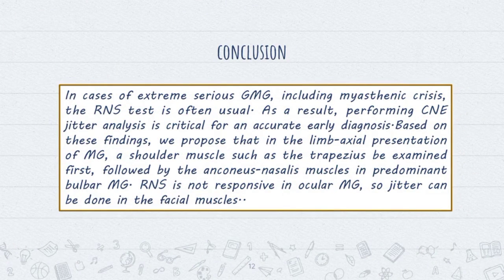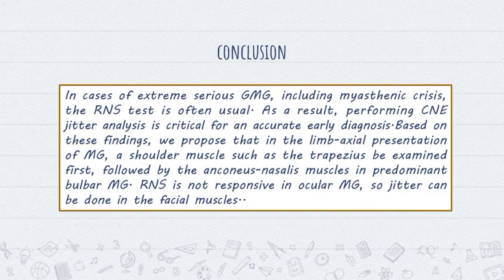Conclusion: in cases of extremely serious MG, including myasthenic crisis, the RNS test is often unusable. As a result, performing single-fiber EMG jitter analysis is critical for an accurate early diagnosis.